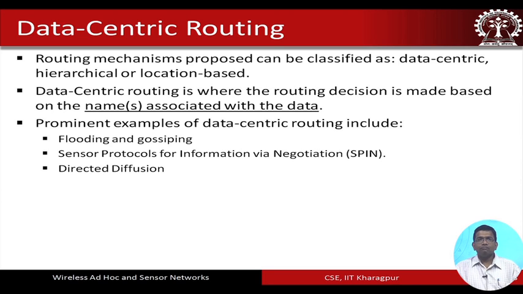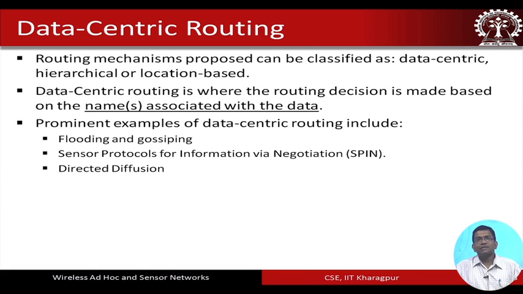But can we do something better and more specific for sensor networks, given the different constraints, energy constraints and the different features, for example, data centricity? So, can we harness those things? Can we propose routing protocols that will be more specific, catering to the specific requirements of sensor networks?